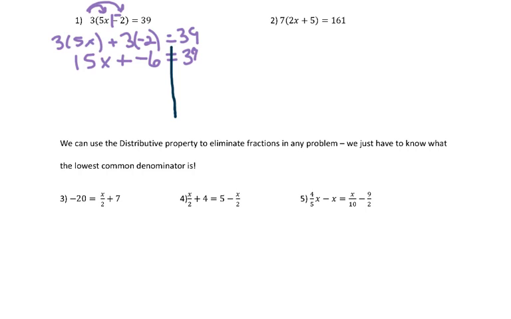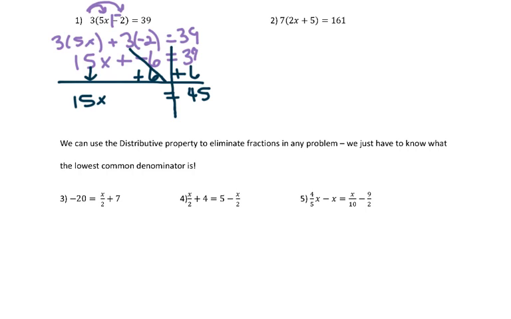I have a -6, so I need to add 6 to both sides. The 15x drops down. The -6 plus 6 cancels. And over here, I'm going to have 45, 39 plus 6.